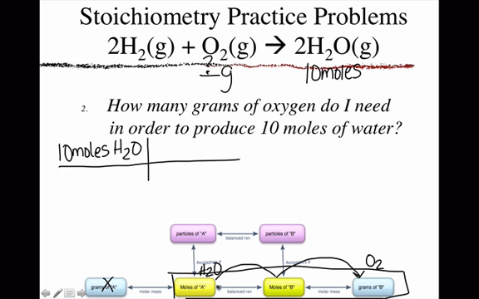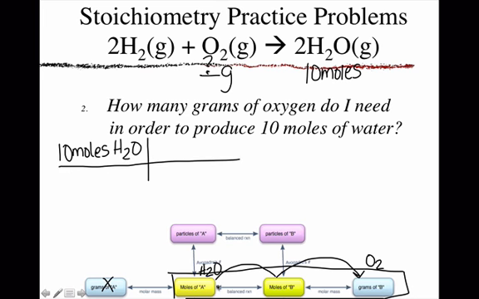So for this one, I'm starting in water, so I would put the 2 moles of water from the reaction on the bottom, and I'm going to put the 1, because remember there's a 1 there even though we can't see it, 1 mole of oxygen on top. That takes care of this step right here. The next thing I'm going to do is I'm going to use the molar mass. I want to use the molar mass, though, of what I'm going to, the molar mass of B.